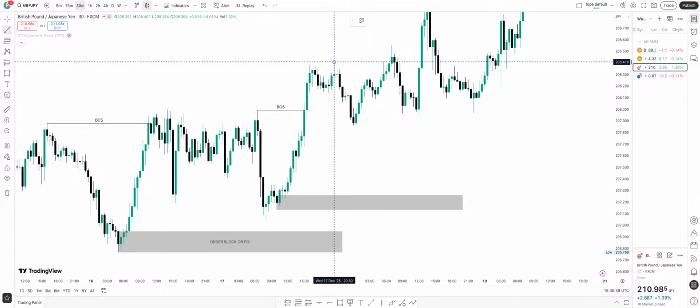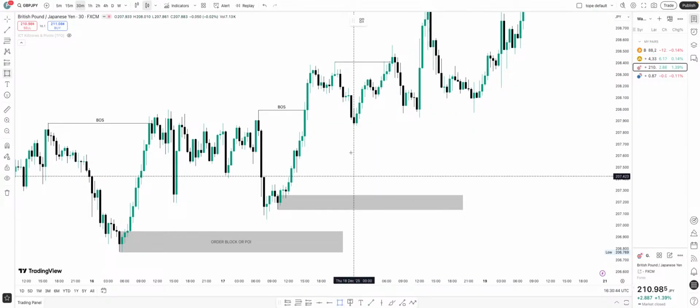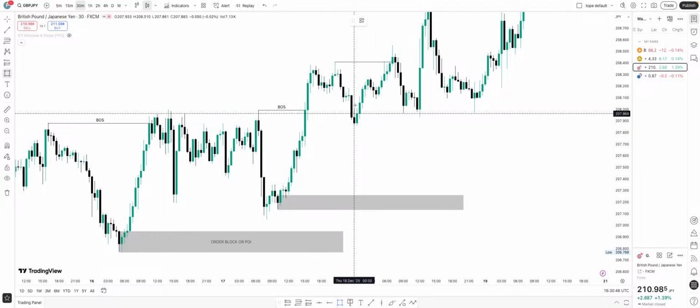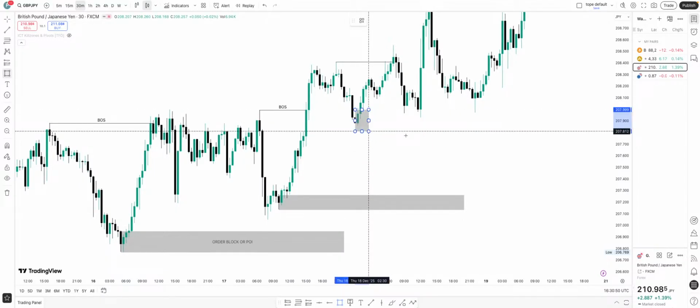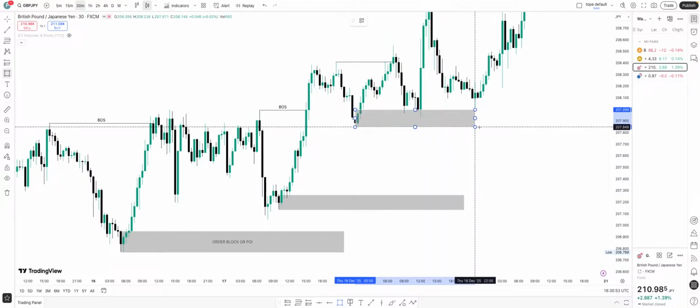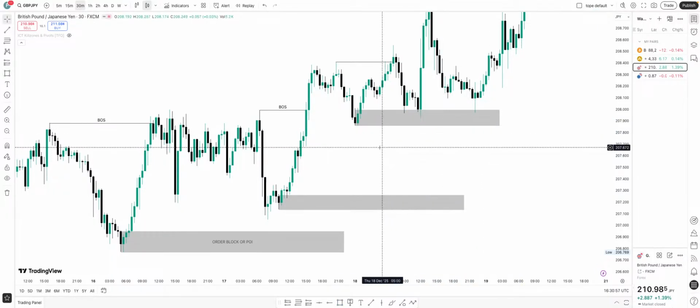And we have another break of structure here, and for this break of structure, which candle was responsible? This last opposing candle. Remember, we are in an uptrend, so our point of interest should be a selling candle, the last selling candle.